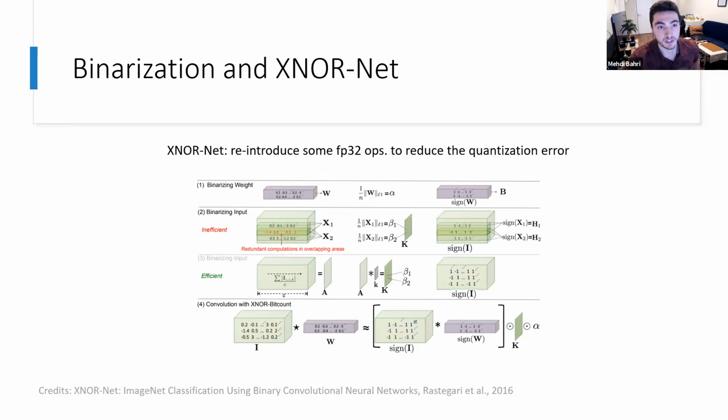What they do in XNOR-Net is that instead of simply taking the sign of the tensor, they rescale it and compute a closed form solution for what constant is the one that minimizes the distance between the original floating point tensor and the rescaled binary tensor. And this is what is used to approximate the dot products.